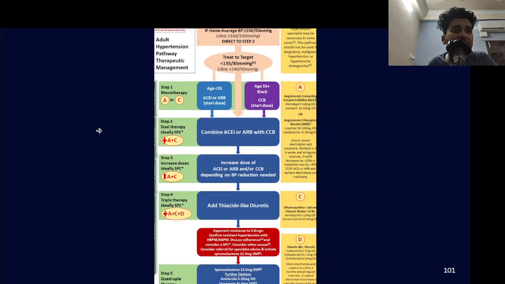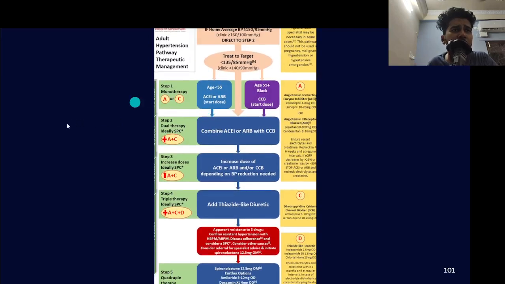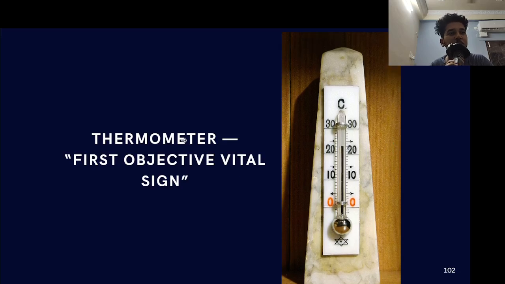This is an image based on the readings. If we are able to get a proper reading that the person is hypertensive, based on the age and the ethnicity, we'll think about what medications we want to start. There is a lot of stuff in here, but I would like to proceed forwards because there is just so much stuff that we need to cover today.